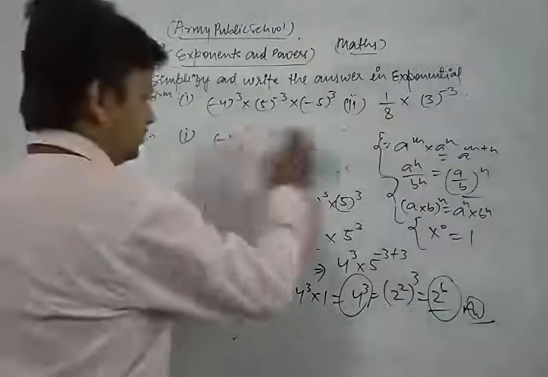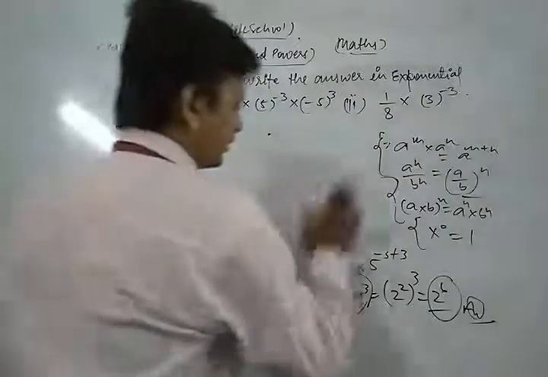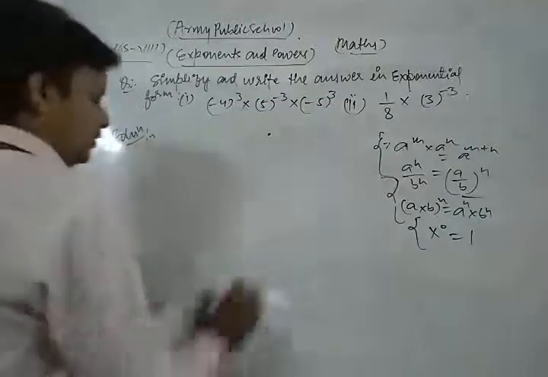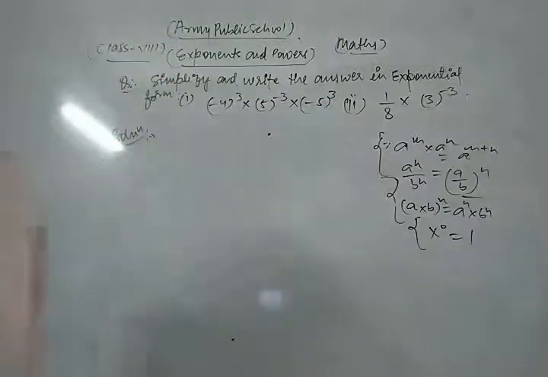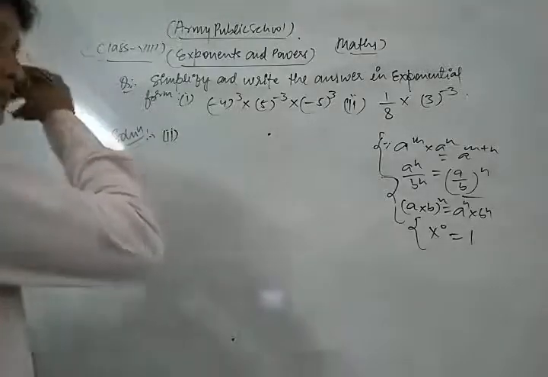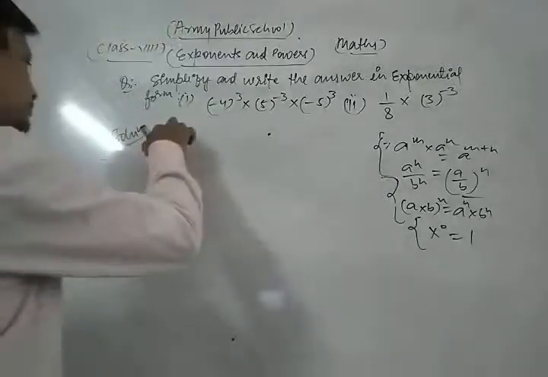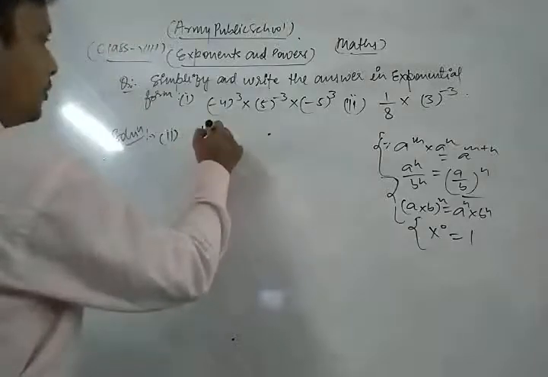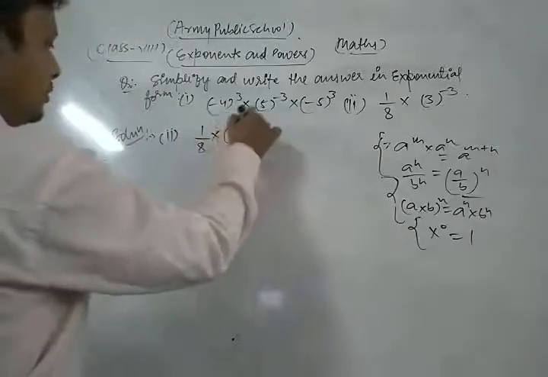Okay, look. The second is 1 upon 8 into 3 power minus 3.